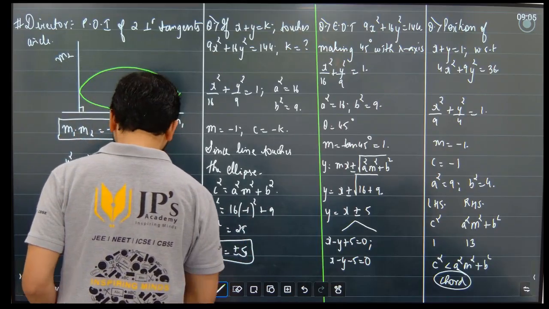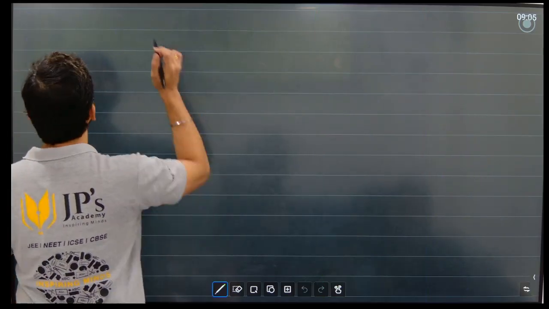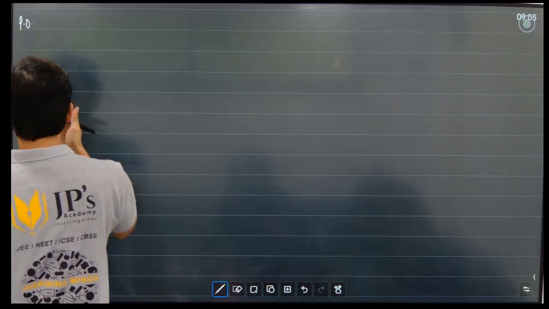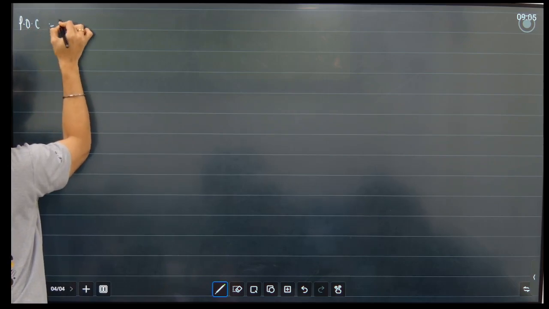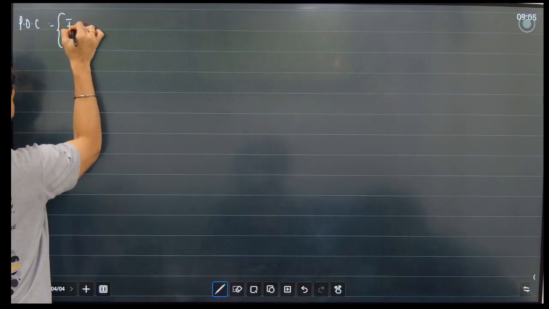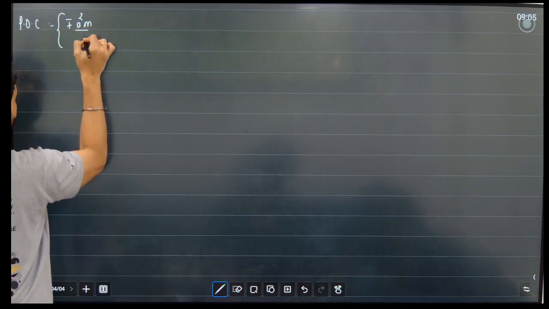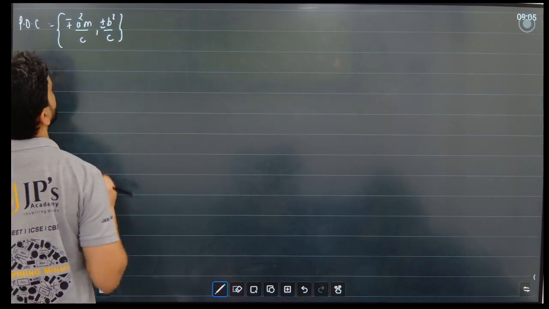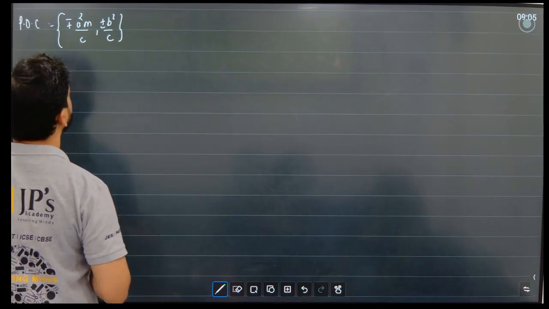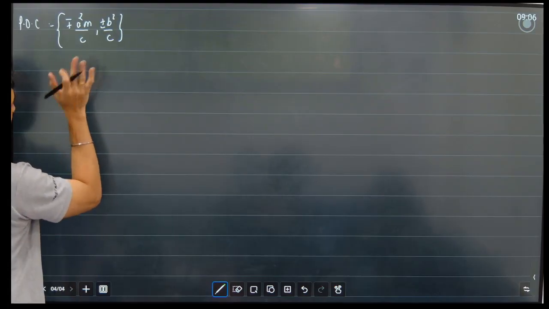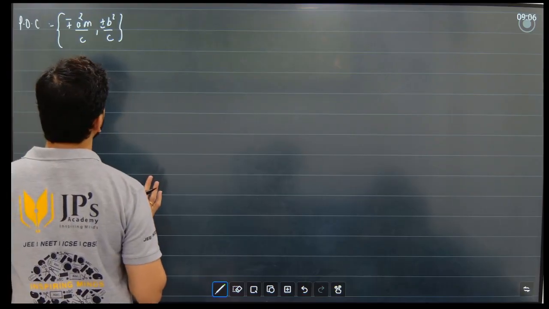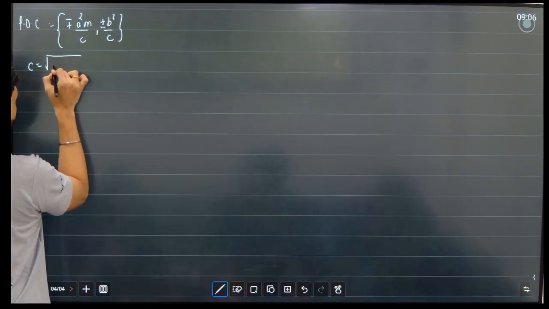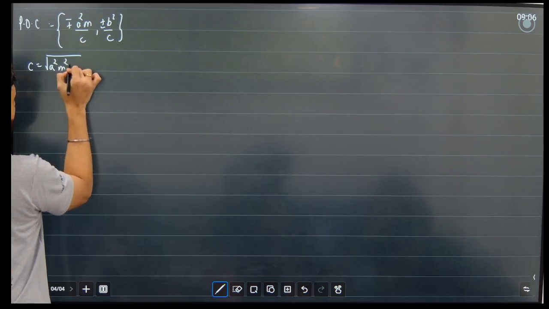And since we are talking about chords, my point of contact, point of intersection, is minus plus a square m by c, comma, plus minus b square by c. Remember this very important part. c will be nothing but under root of a square m square plus b square.